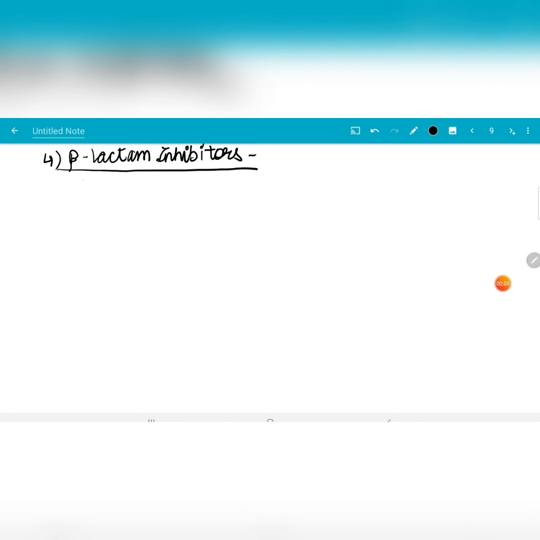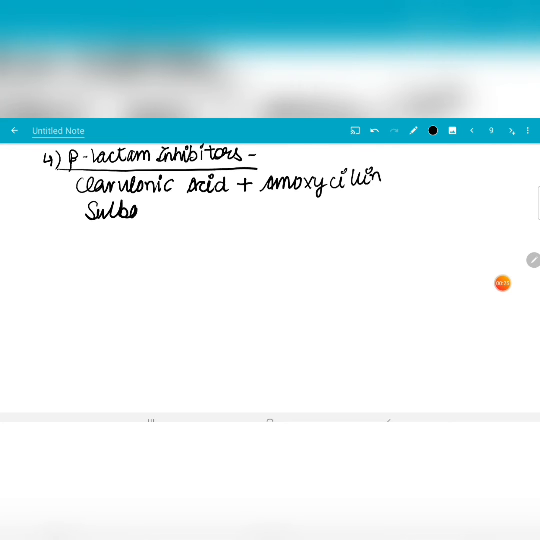It includes clavulanic acid plus amoxicillin. Second, sulbactam plus ampicillin. Third, tazobactam plus piperacillin.